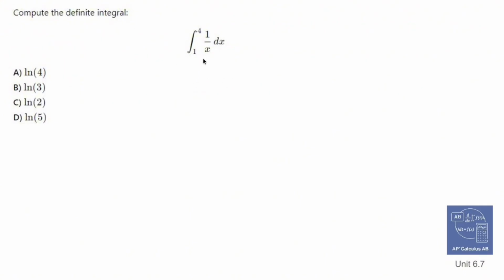Compute the definite integral. Well, we have the definite integral between 1 and 4 of 1 over x dx. The integral of 1 over x is ln of x. So this becomes ln of x, and my limits of integration are between 1 and 4. Now remember the rule, whenever you take the integral of something, you take that antiderivative, you plug in the upper limit, and then you plug in the lower limit, subtract the one from the other.